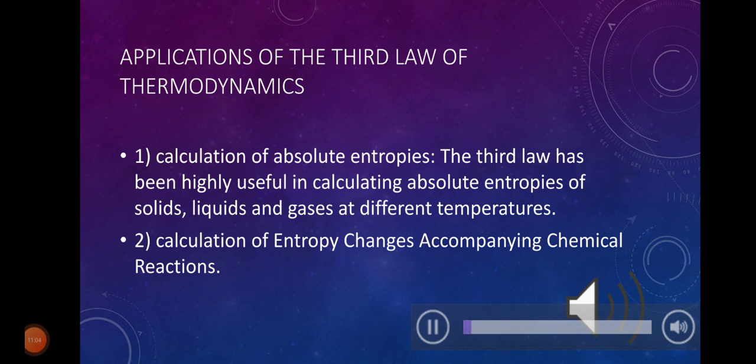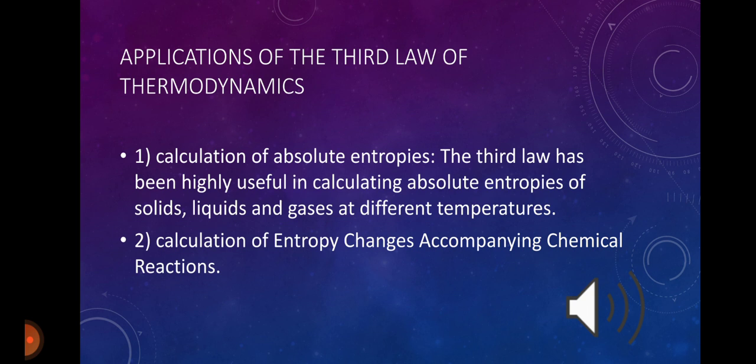Next is the applications of the third law of thermodynamics, where we are applying. First application, calculation of absolute entropies. The third law has been highly useful in calculating absolute entropies of solids, liquids and gases at different temperatures.